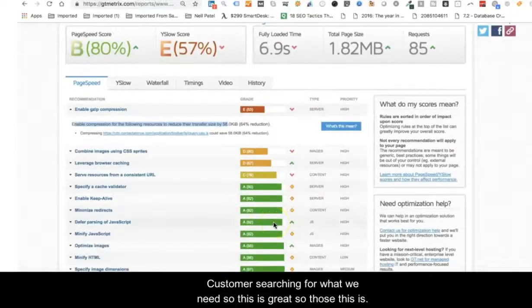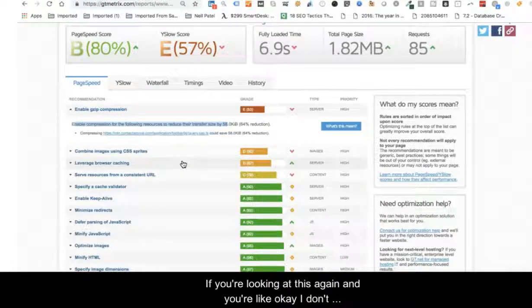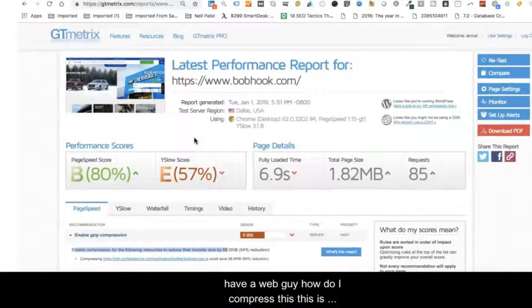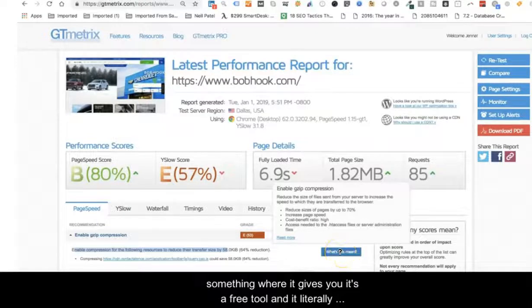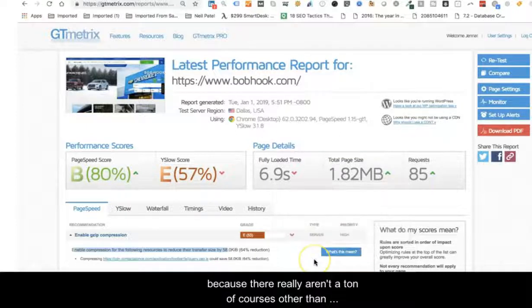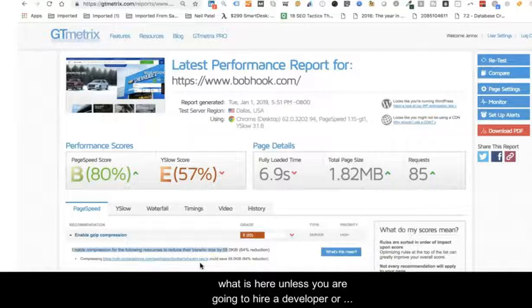So this is if you're looking at this again and you're like, okay, I don't have a web guy, how do I compress this? It's a free tool, and you're going to have to dive in and learn yourself, because there really aren't a ton of courses other than what is here, unless you are going to hire a developer or go in and compress the images yourself.